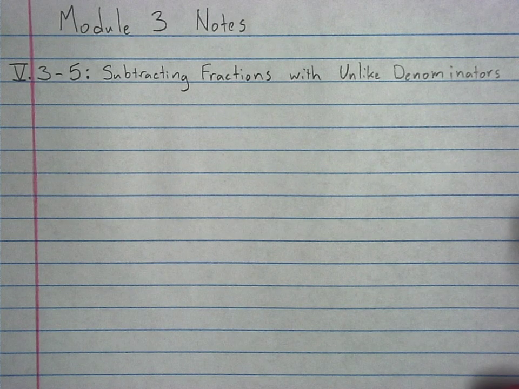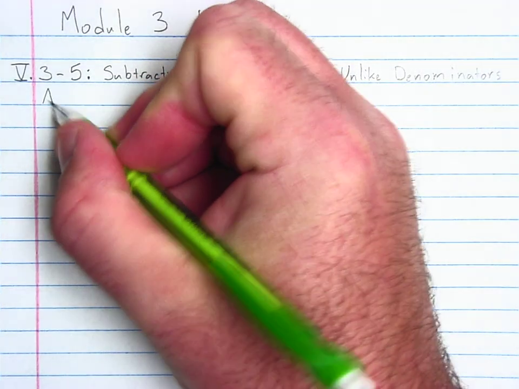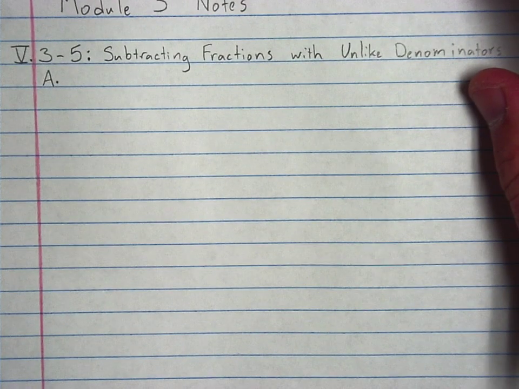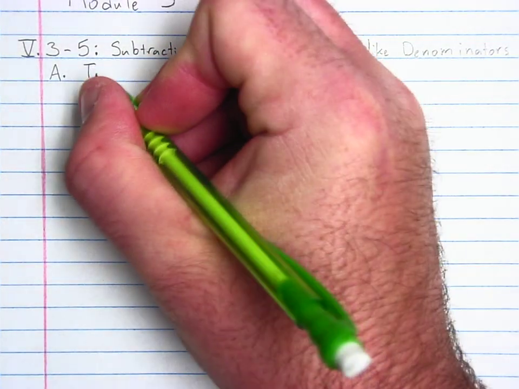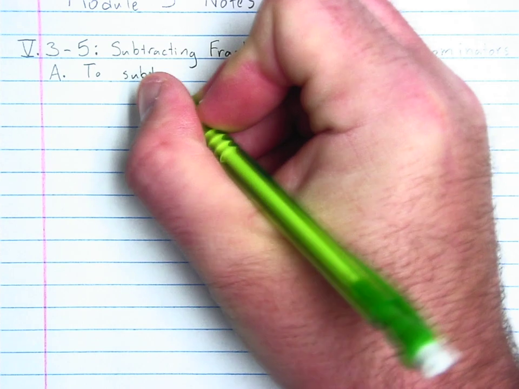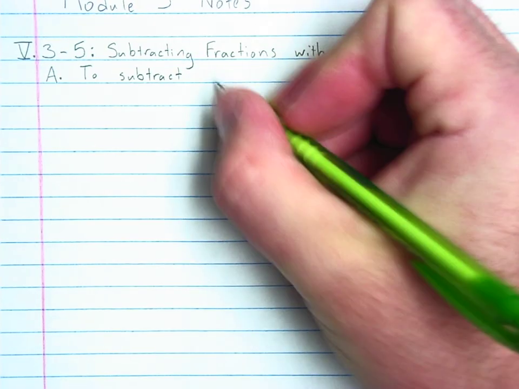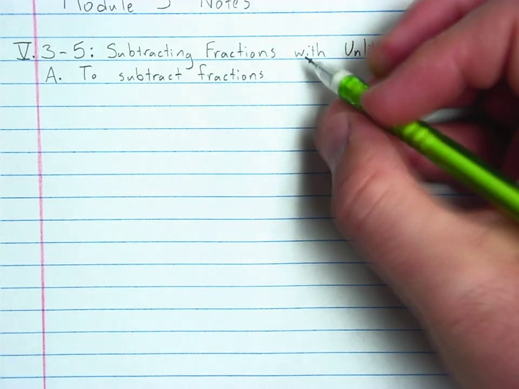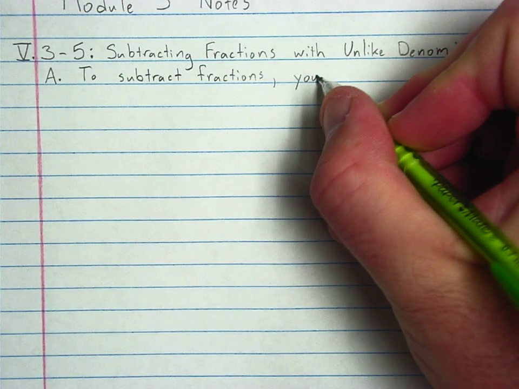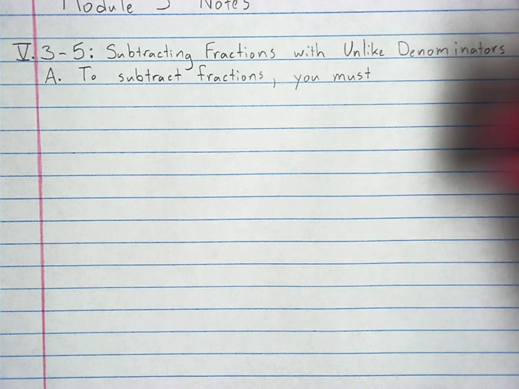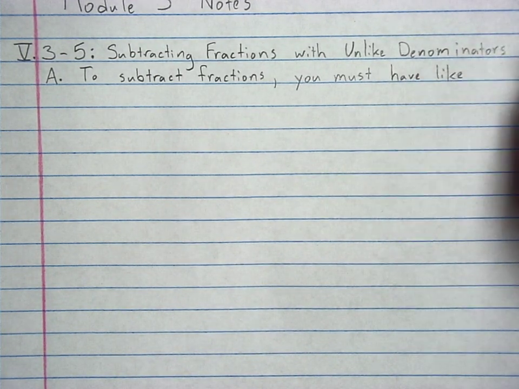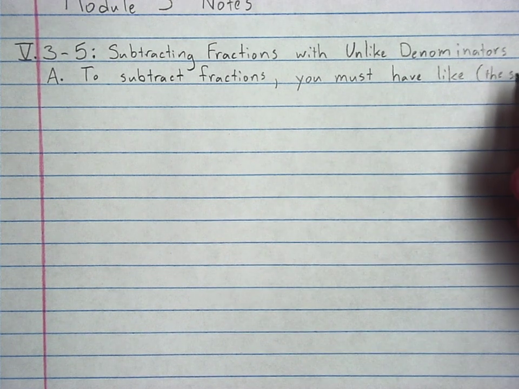As with Lesson 3-4, don't really need any vocabulary on this one. Please just remember numerator and denominator, since I'll use those a lot. But we do have a key concept. To subtract fractions, you must have like, which again just means the same.